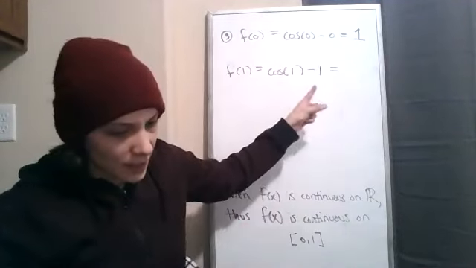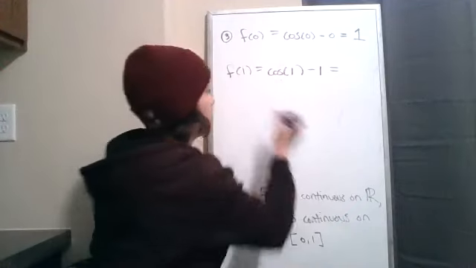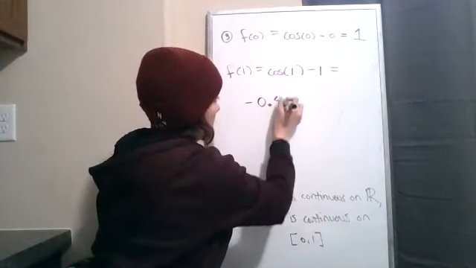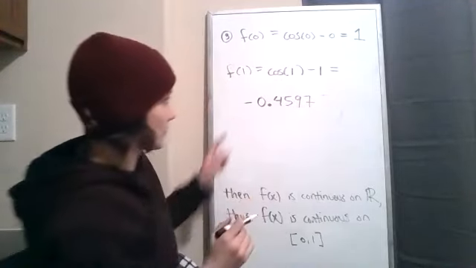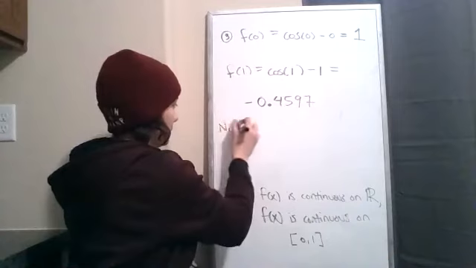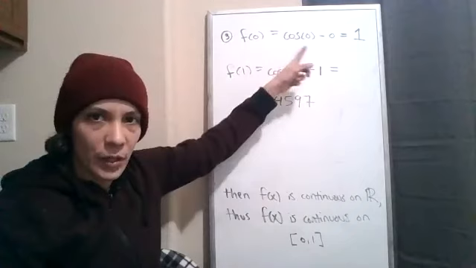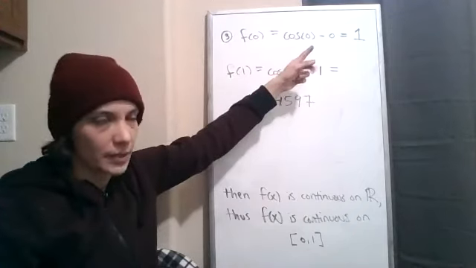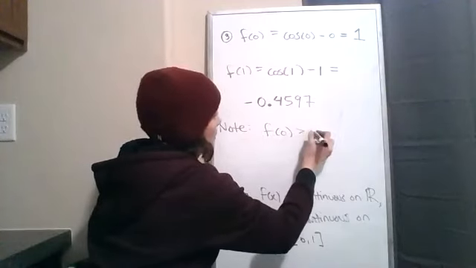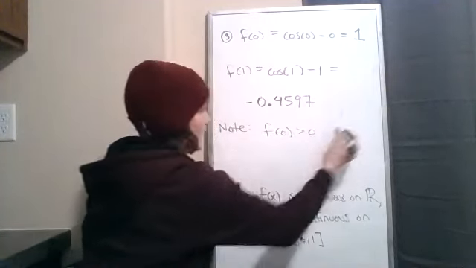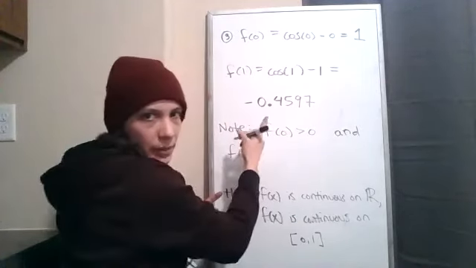This number is negative 0.4597. So f of 0 is a positive number, greater than 0, and f of 1 is a negative number, less than 0.